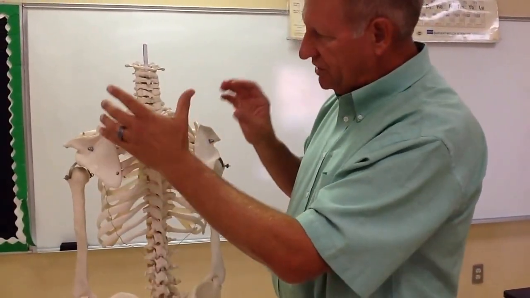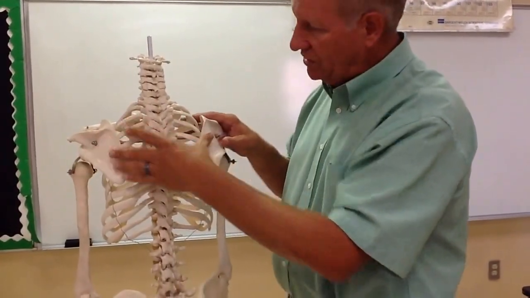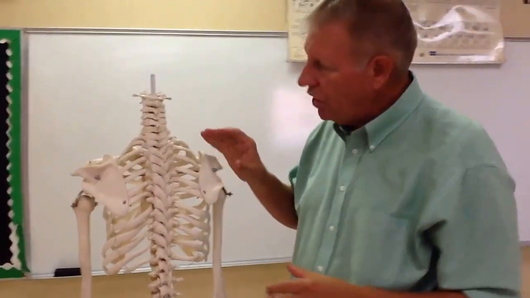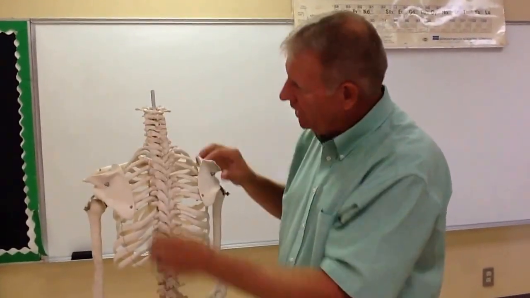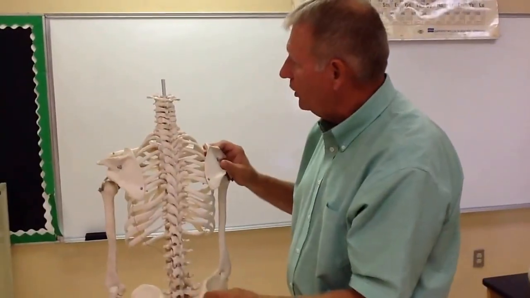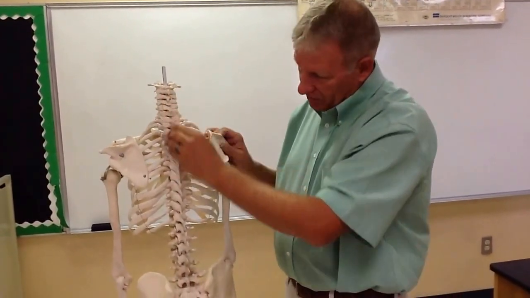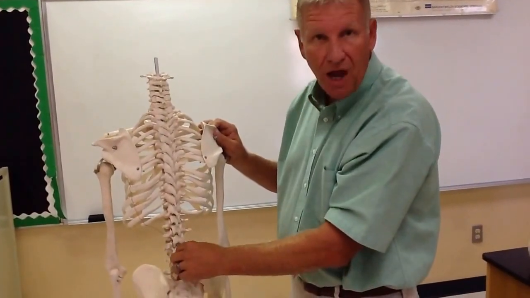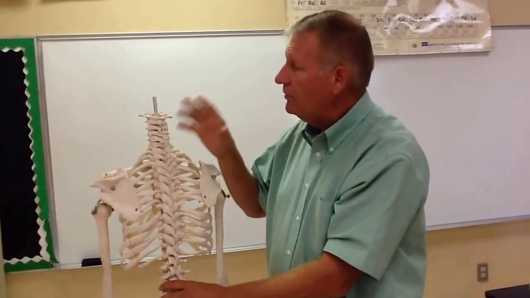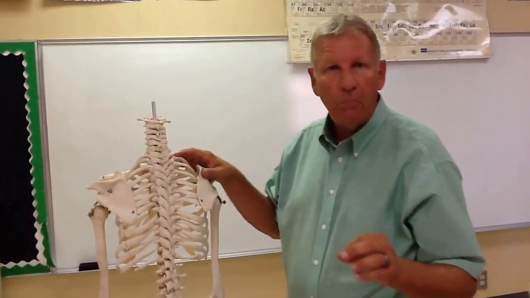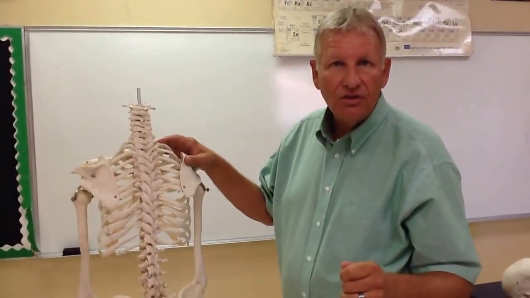Of course we have the scapulas, the shoulder blades, and as we look at direct areas, this acts like a shock absorber. So at all costs we want to protect the spinal cord. Now, even though we have these incredibly large vertebrae and the different spines that come off of the different parts of the vertebrae, the actual spinal cord is about the size of the pencil lead that you take out.